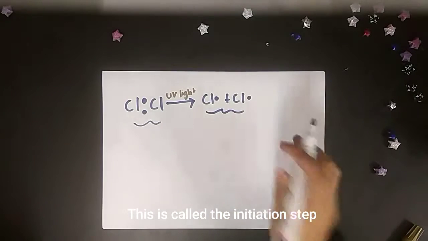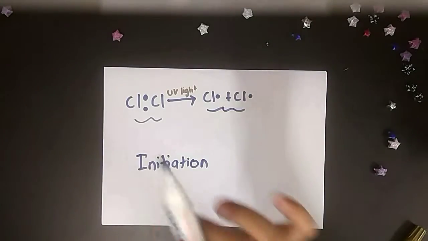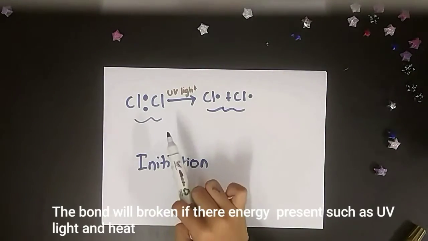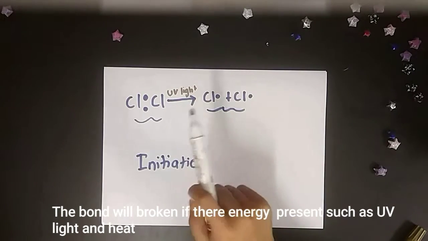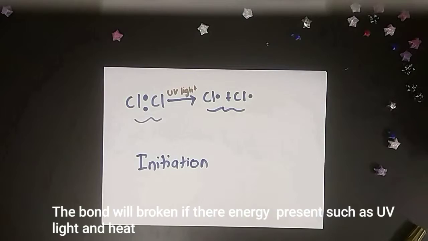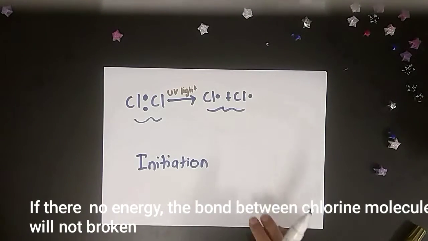This is called the initiation. The bond will break if there is energy present, such as UV light or heat. If there is no energy, the bond between the chlorine atoms will not break.